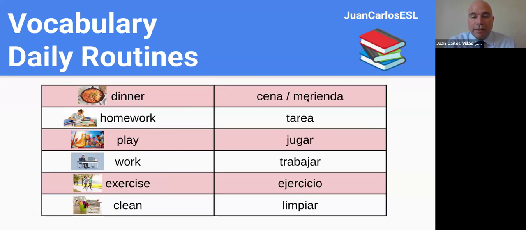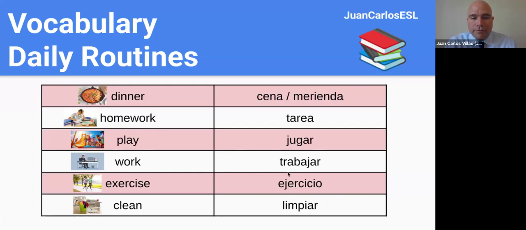Cena o merienda. En algunos países se puede decir merienda, otros países cena. Dinner. Homework. Tarea. Play. Jugar. Work.